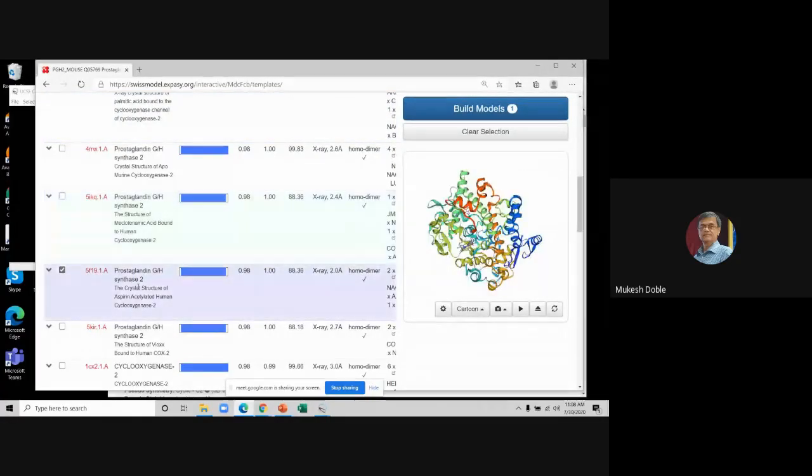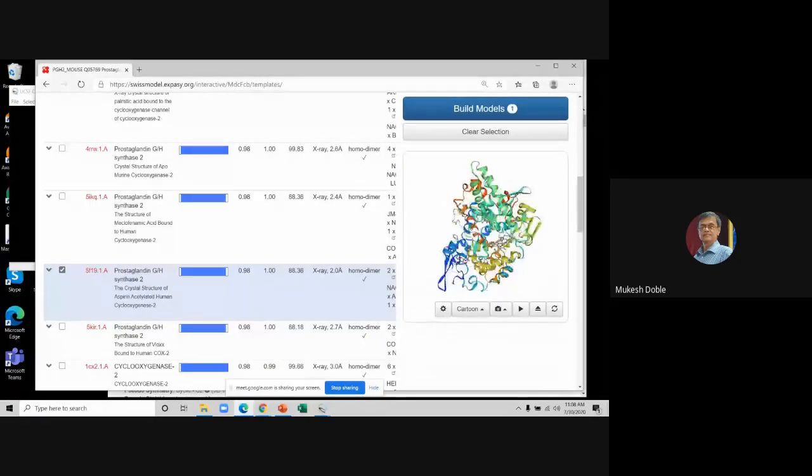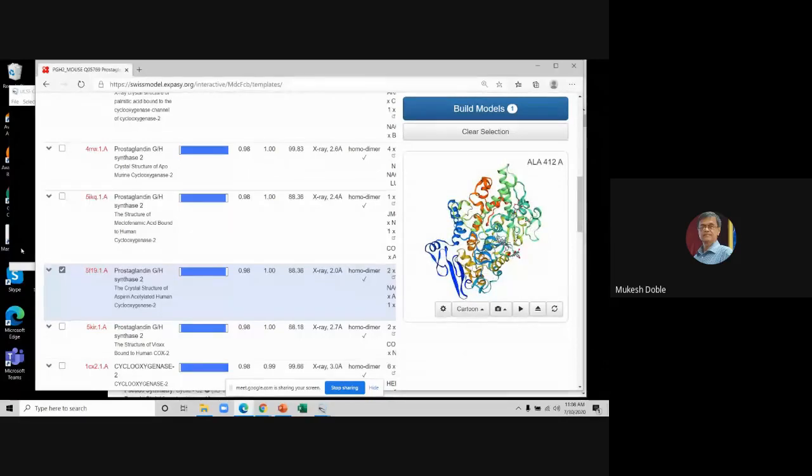Please remember that. The PDB ID of the protein is given. It says the crystal structure with aspirin bound to it, collected by X-ray. So I have selected this protein as the template, and then I can start building the 3D structure of my protein. That's my target. We call it the target.